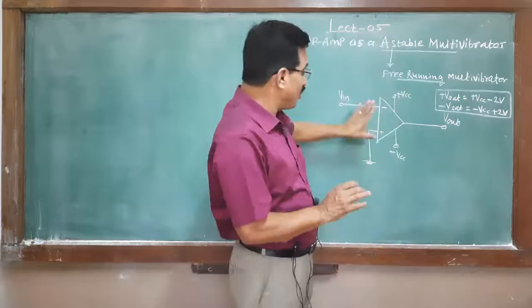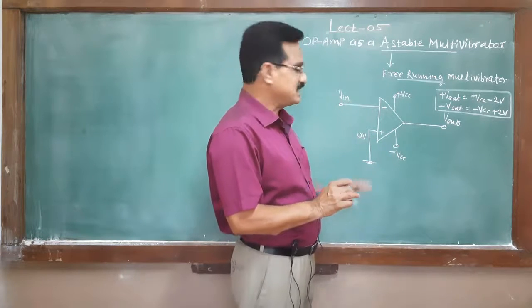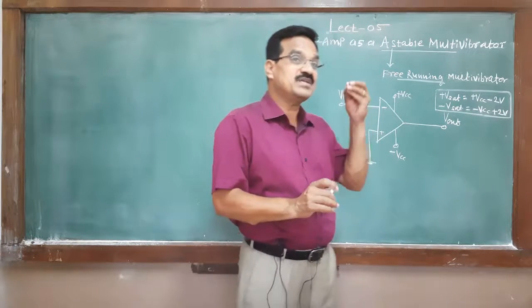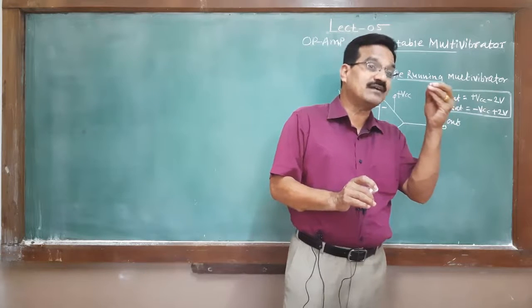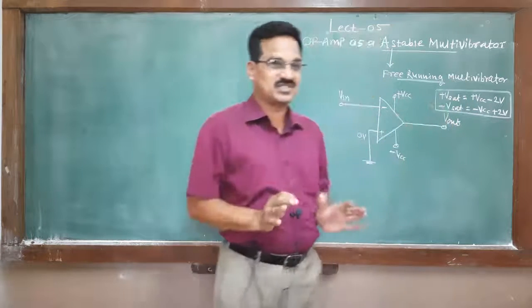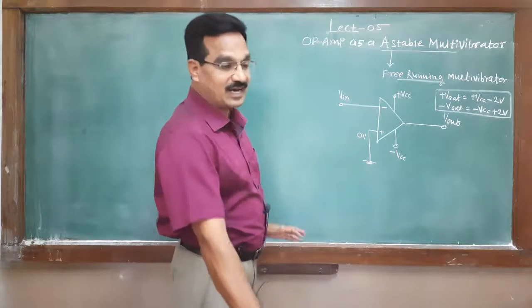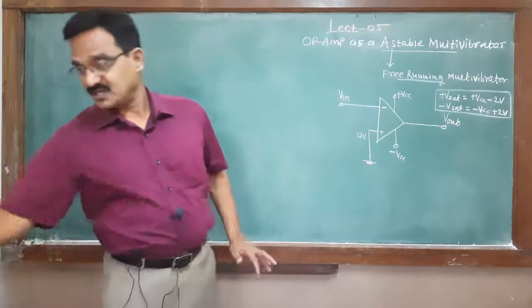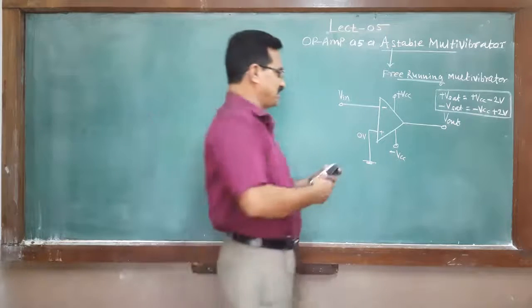This is the drawback of this circuit: the zero crossing comparator can be sensitive to noise. To avoid this, another circuit is used, that is the Schmitt trigger.